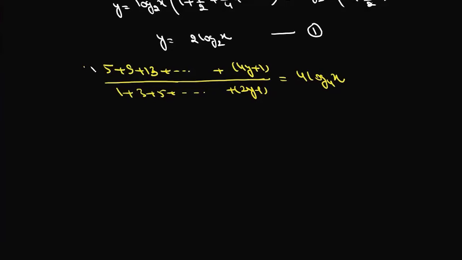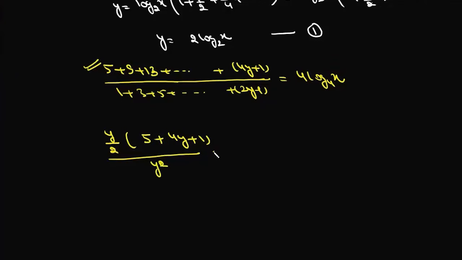Now this first sequence is an AP with common difference of 4 and number of terms y. So its sum will be y by 2 times a plus l, which is 5 plus 4y plus 1, and here it is sum of first odd numbers and total number of numbers is y.